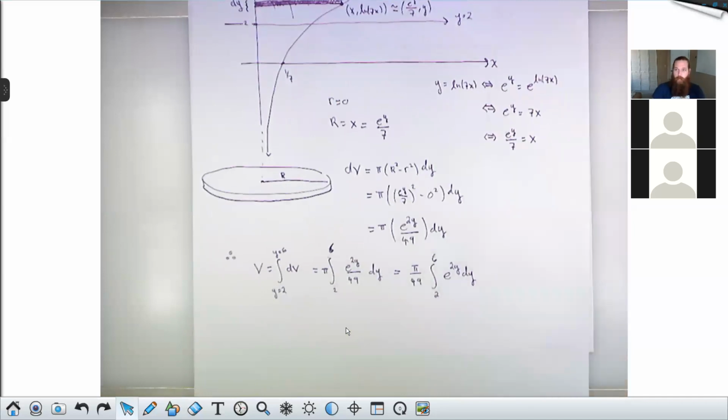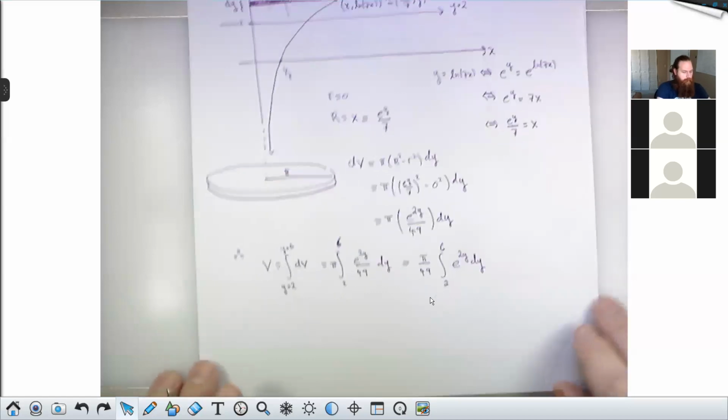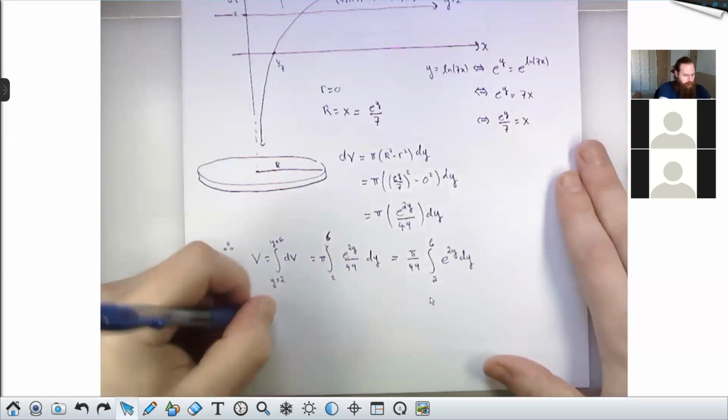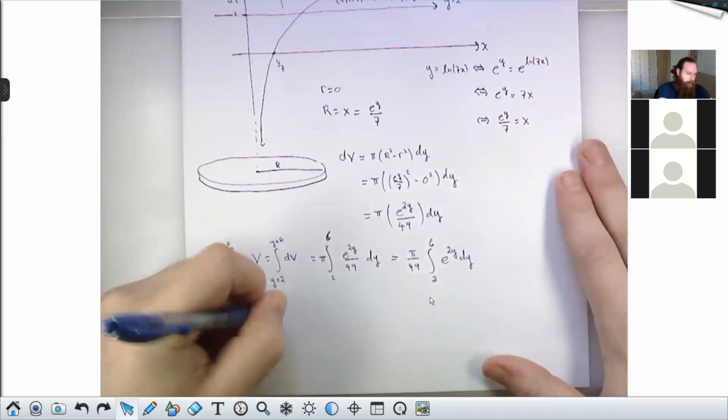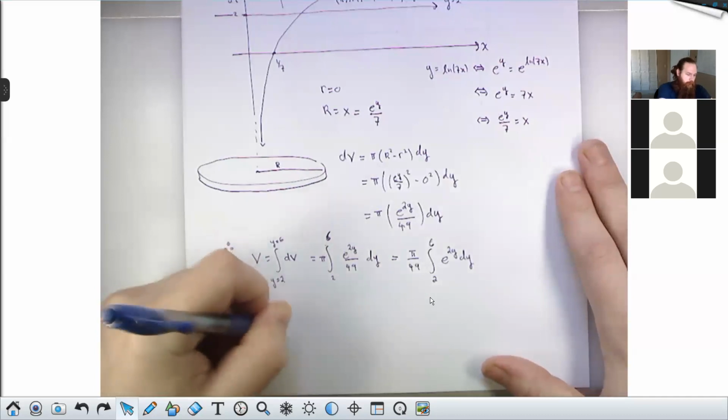And this is another one of our little micro u-subs, right? We don't even need to write it down if we're getting comfy enough. If you do write down the substitution here, do it correctly and change the bounds. But I know that an antiderivative for e to the 2y is e to the 2y over 2, or 1/2 e to the 2y. So I'm just going to jump to the antiderivative step there because it's not hard. I have pi over 49 out front.